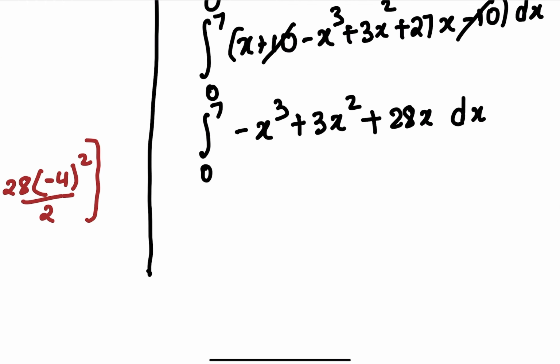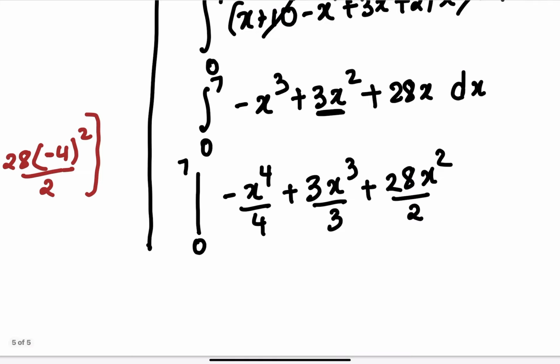Again, what do you do once you have this? I'm going to find the integral. You don't have to, because we found that before. This is negative x to the power 4 over 4 plus the integral of this is 3x cubed over 3 plus 28x squared over 2. And once I have this, I'm going to plug in my 0 and 7.